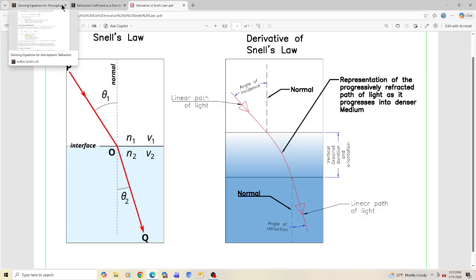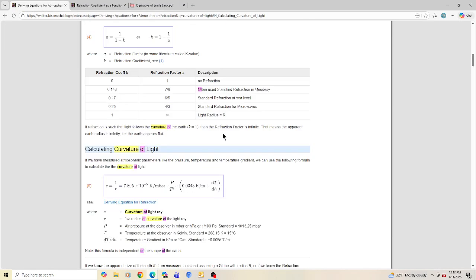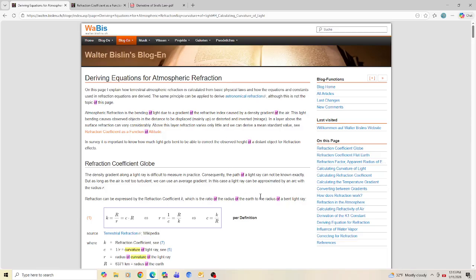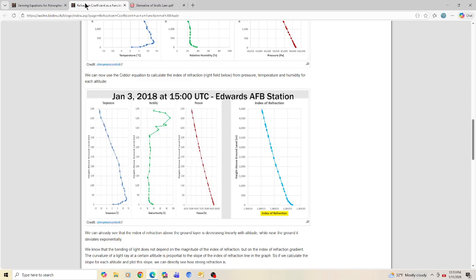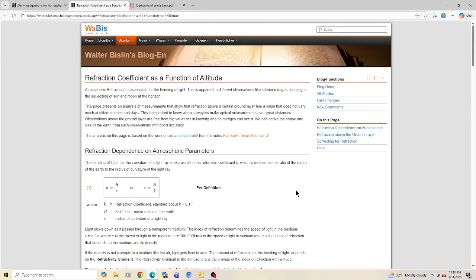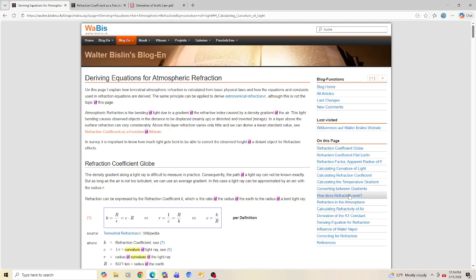And if we go back to the opening pages, where I said I was going to circle back to astronomical refraction. Which page was it on here? The only light that really meets the qualifications for the lapse rate, the vertical change over distance, all of the time, would be for astronomical refraction.